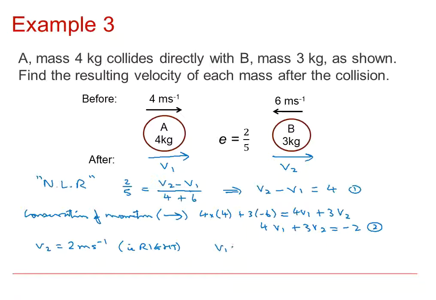And v1, when I do the simultaneous equations, is minus 2 meters per second, which means that if the arrow on the diagram is to the right and we've got a value of v1 which is negative, it must have a speed equal to 2 meters per second, and it has indeed rebounded and it's moving to the left. It's not moving to the right following B, it's rebounded and going off to the left.